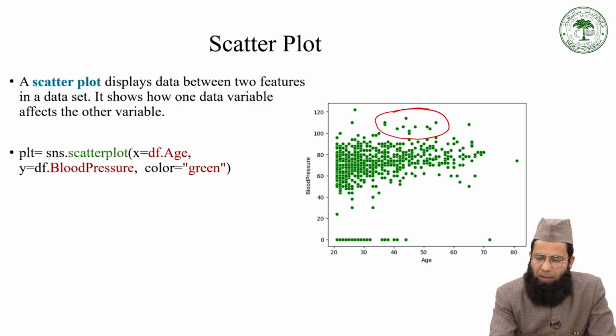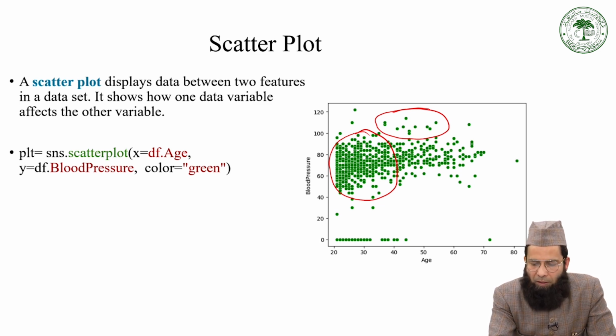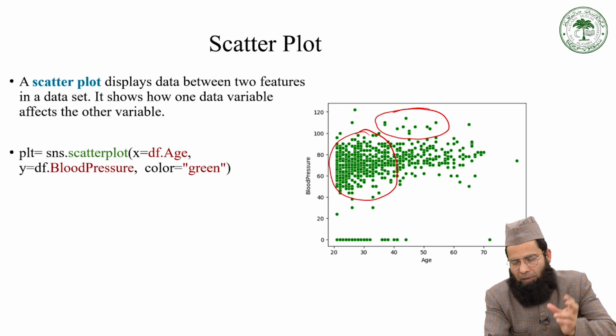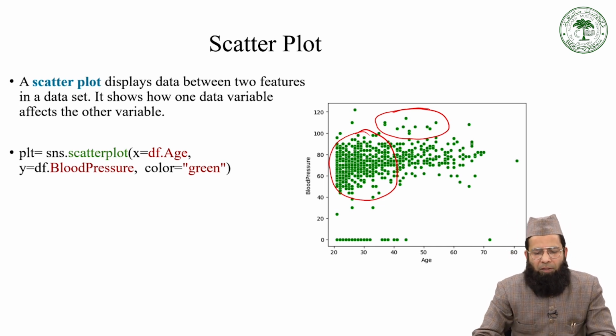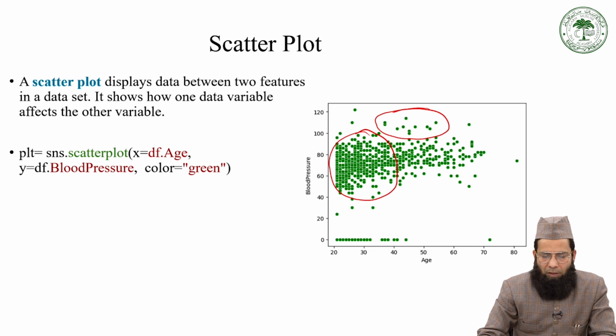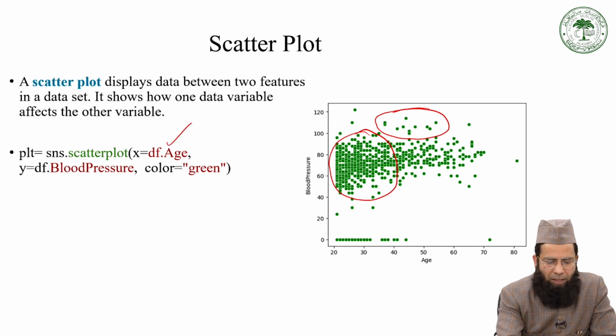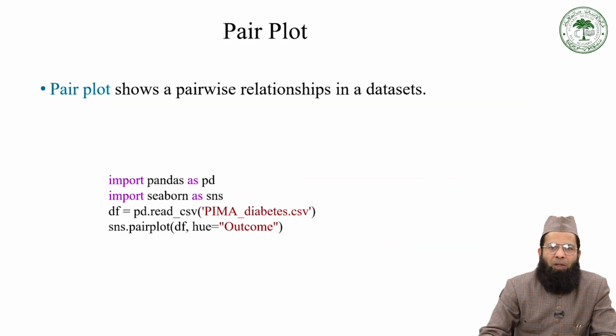Otherwise the majority of values are between 20 and 40, which is the allowed range of blood pressure level. In this way, we can correlate between two features. Here x is equal to age and y is equal to blood pressure, and I have given green as the color for this plot.